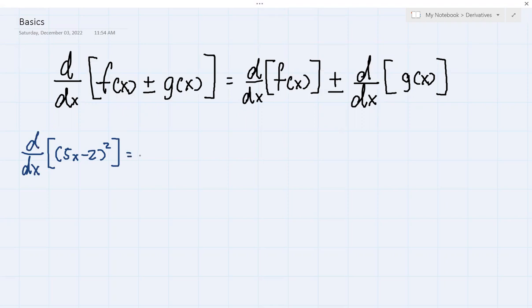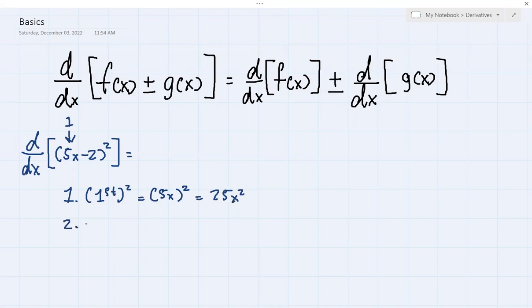I will apply the algebraic technique I just taught. First step is to square the first term. The first term is 5x, so we will have the square of 5x, which is 25x squared.